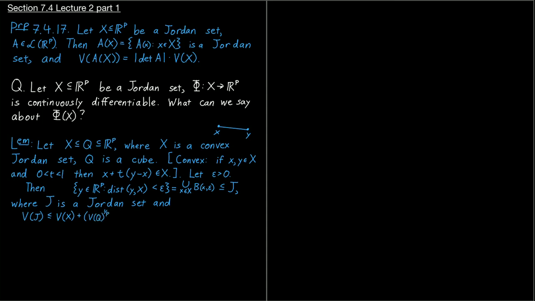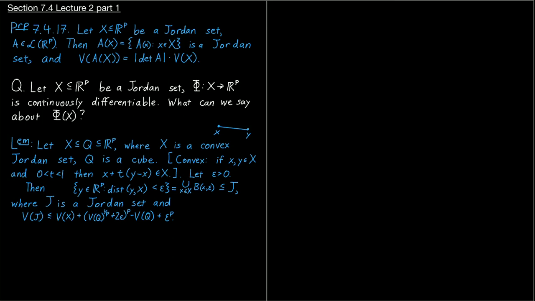The side length of Q, since it's a cube, is just the pth root of its volume. Then we add 2 epsilon to that. We raise the whole thing to the pth power. We subtract off the volume of Q, and we add epsilon to the p. What a mess.